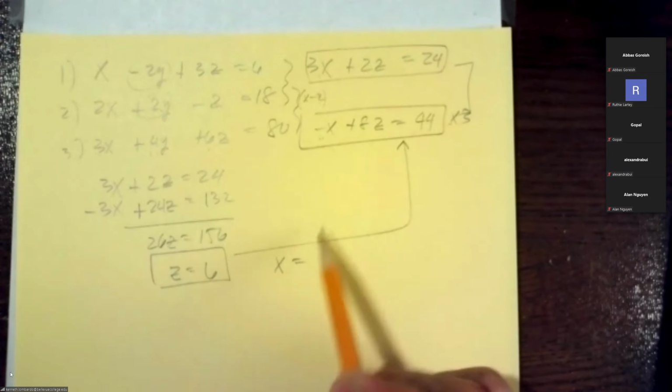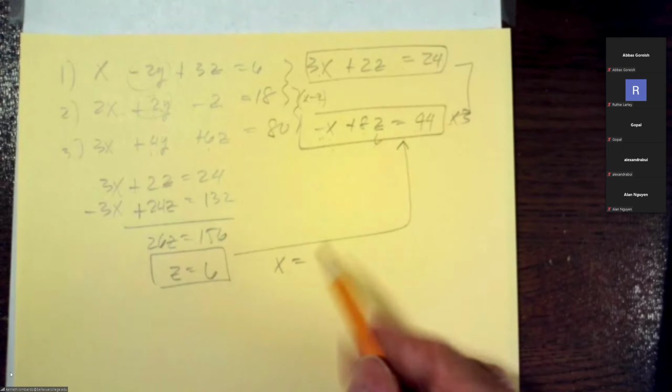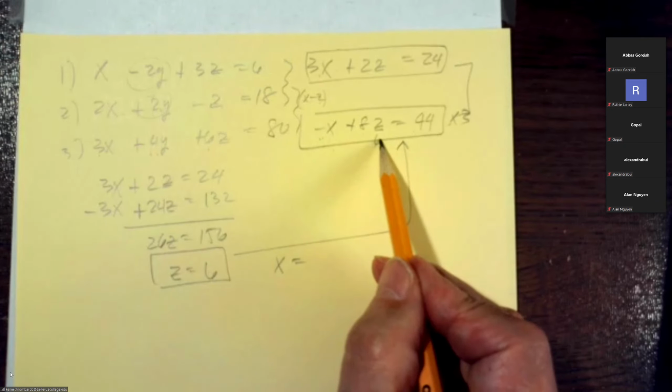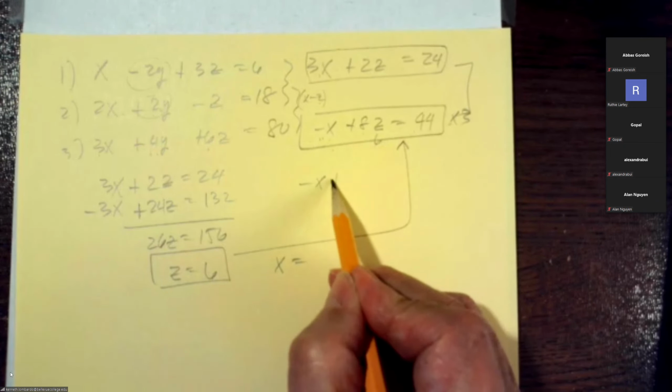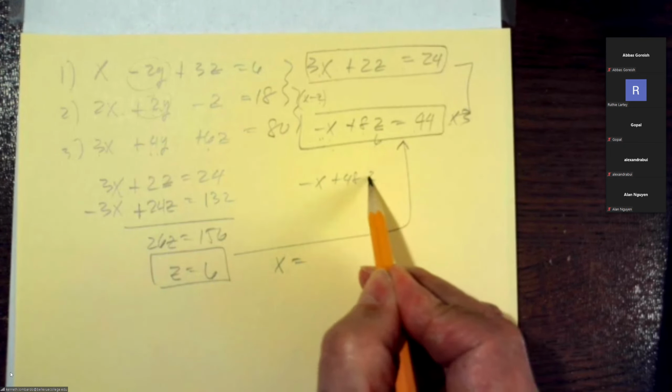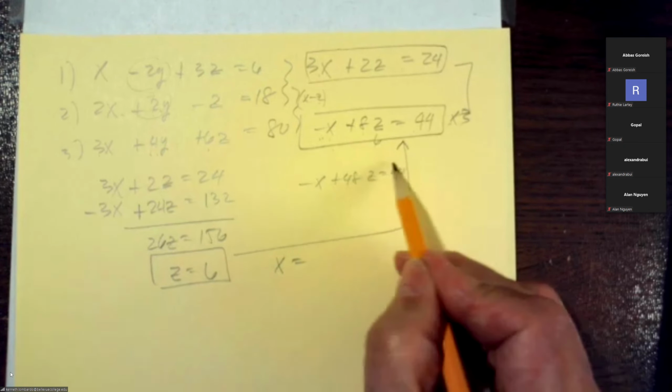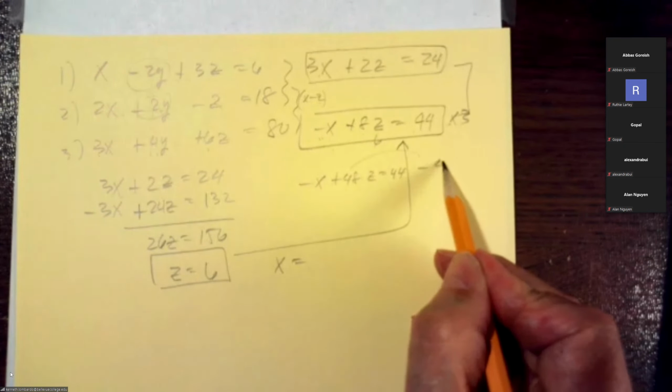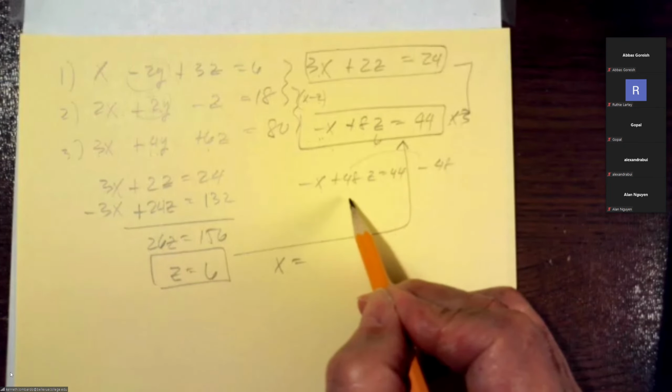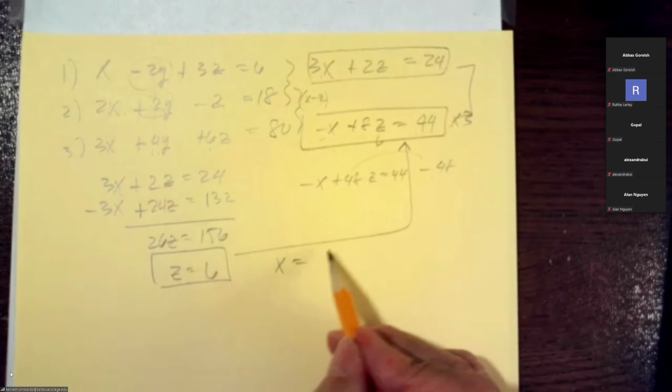And you plug in 6 for z, what do you get? Negative x plus 48 equals 44. Bring this over, negative 48. So negative x equals negative 4, or x equals 4.